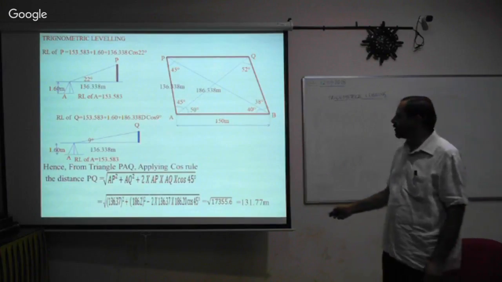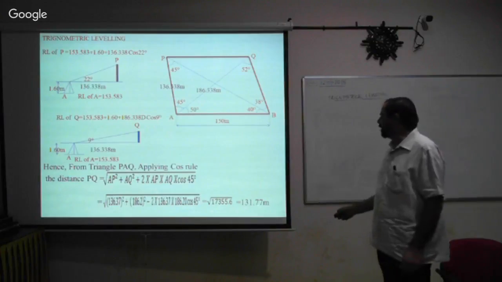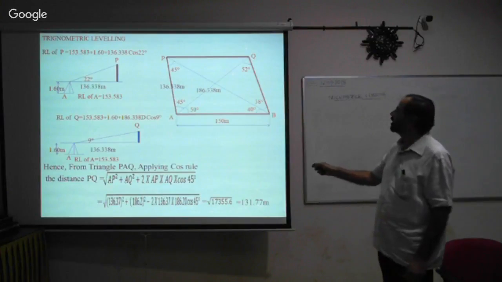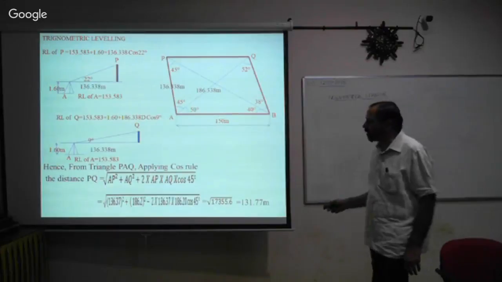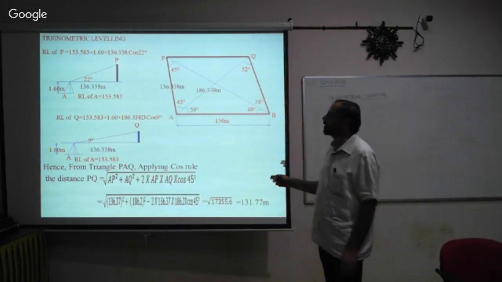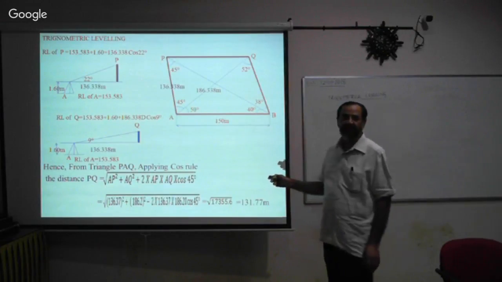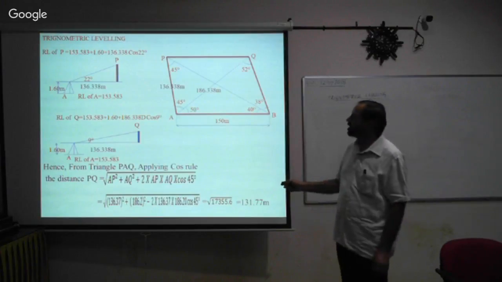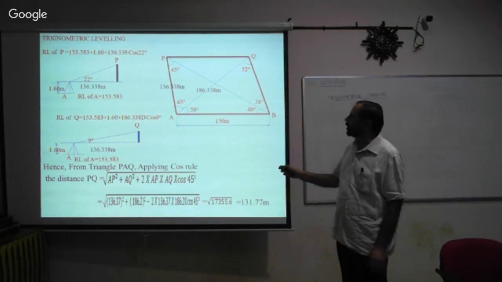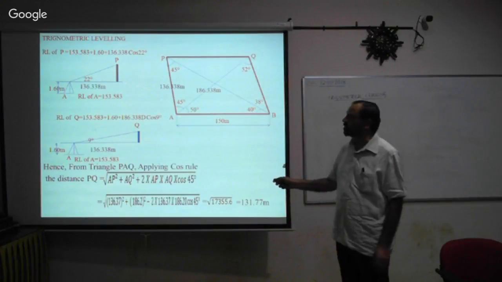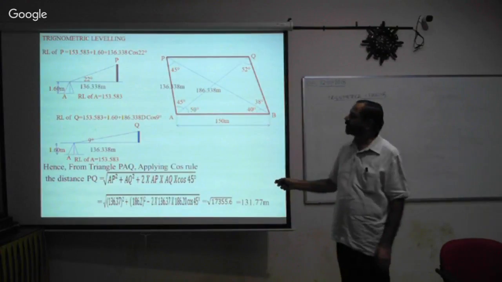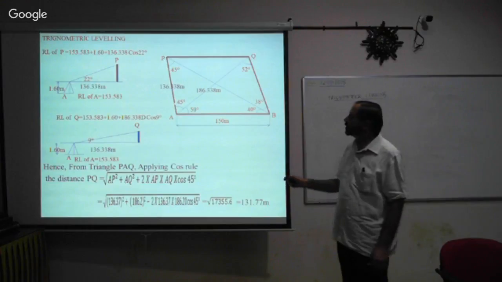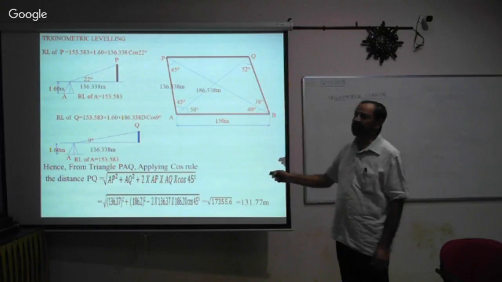By applying this cos rule, we will get the distance between PQ. And also in the problem, it is asked to calculate the elevation of P. To calculate the elevation of P, from A, the vertical angle to P is given as 22 degrees. So therefore, now the distance is known and vertical angle is known. Now therefore, calculate the height H above the instrument axis.